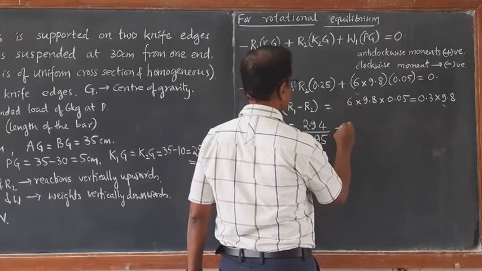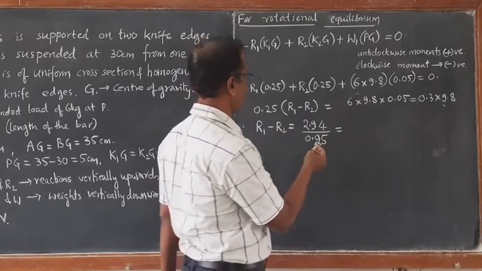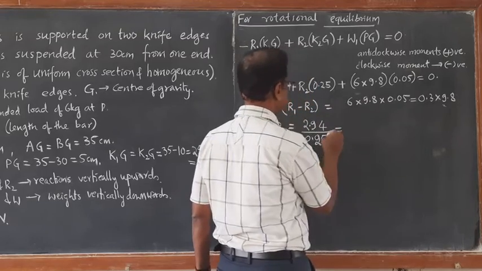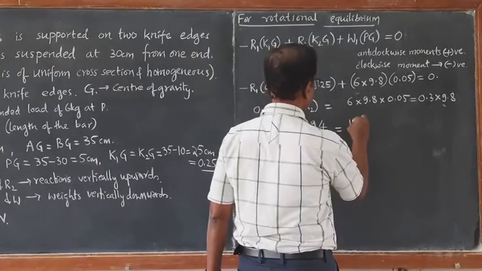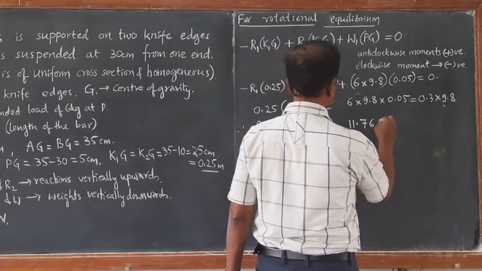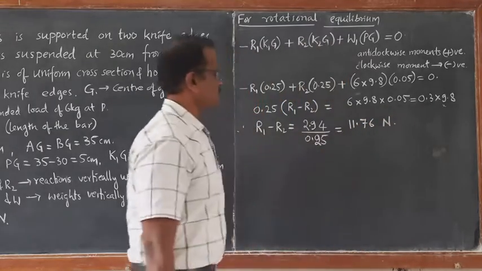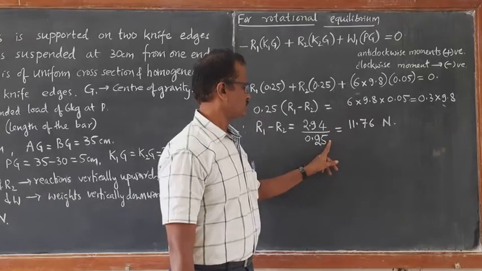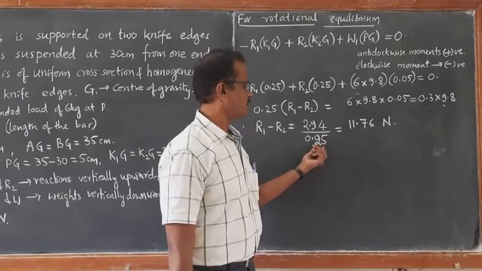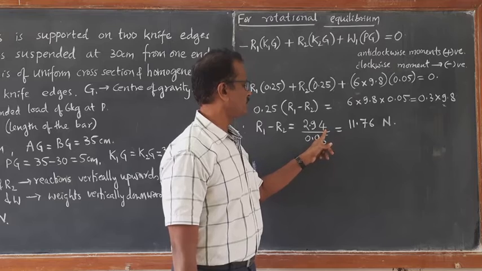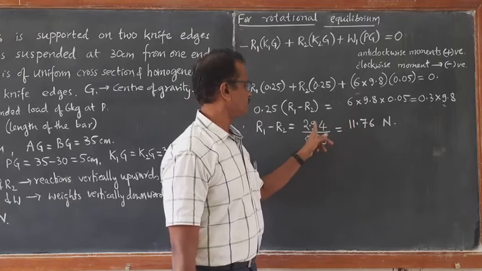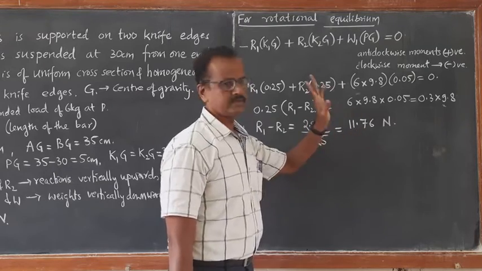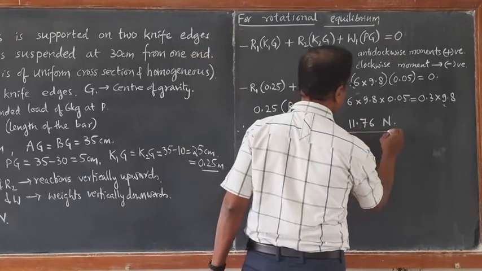If you simplify this, 2.94 divided by 0.25, multiplying denominator and numerator by 4 each, the denominator becomes 1. Multiplying the numerator by 4, 4 4s are 16, carry 1, 4 9s are 36 plus 1, 37, carry 3, 4 2s are 8 plus 3, 11. So it comes out to be 11.76 Newton. So R1 minus R2 is 11.76.